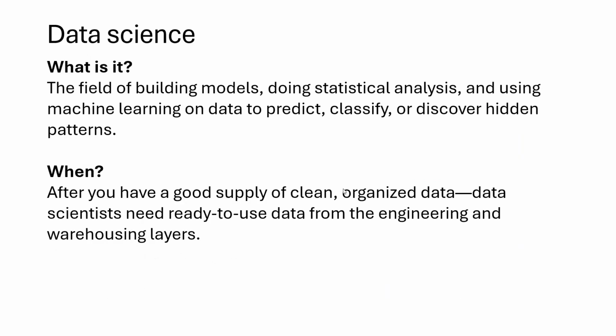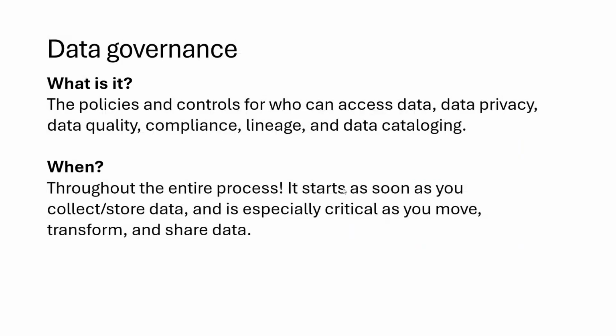Okay, so data science, we discuss data governance. What is this? Now when you are processing lots of data, the policies, control, and compliance also come along with it, right? How can we do that? That is done through data governance.